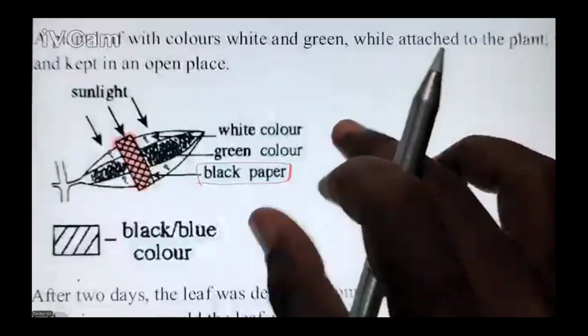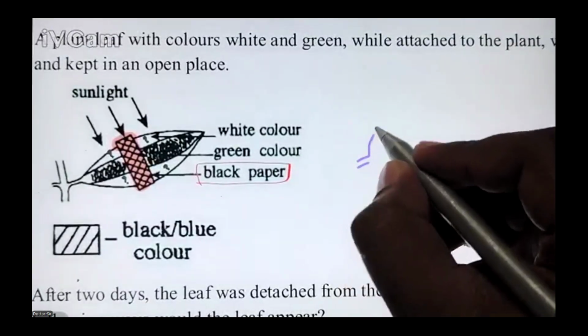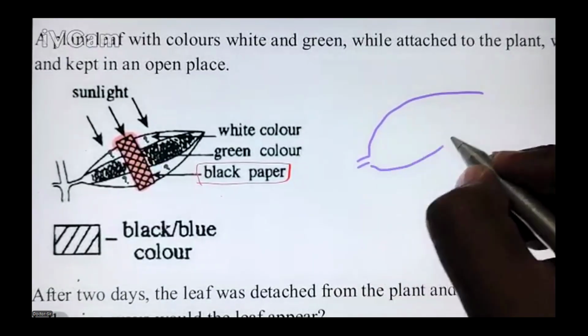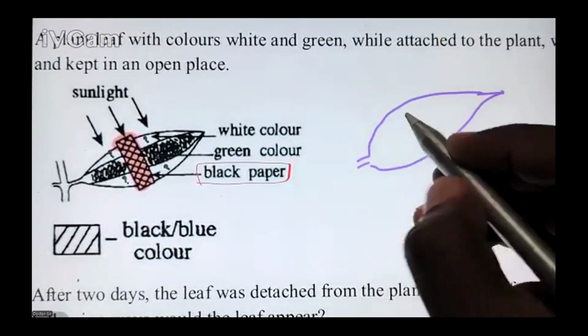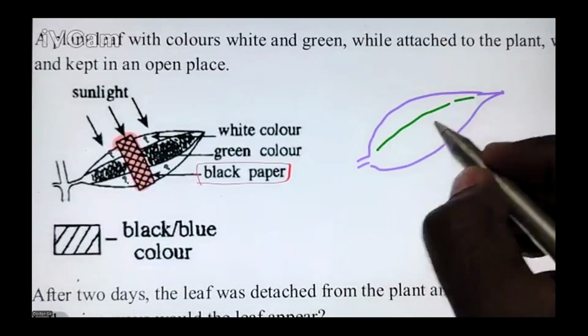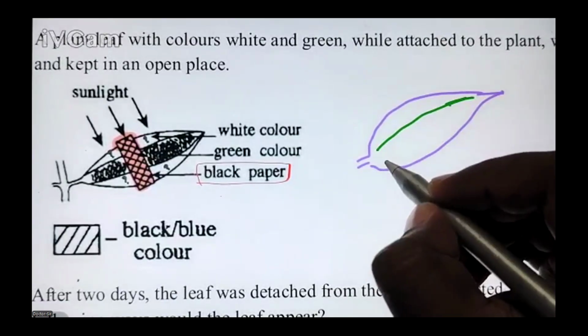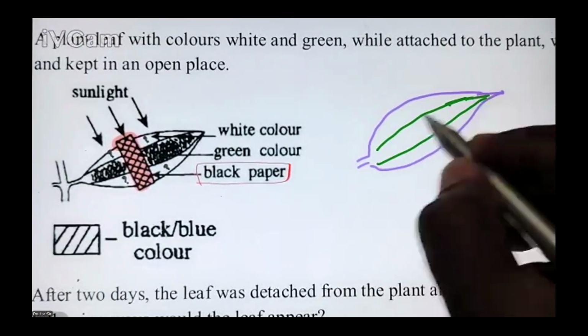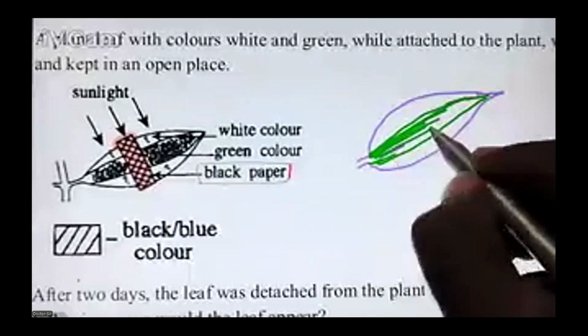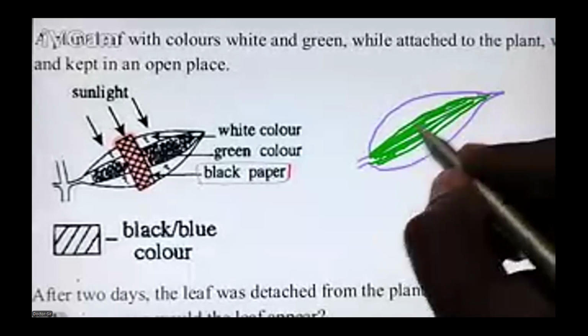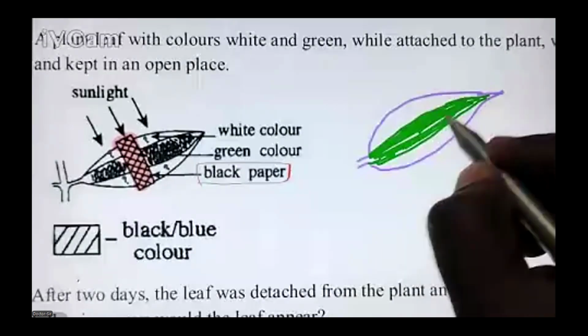So if I draw this plant leaf, this center part, this green color area, has chlorophyll, that's why it appears as a green color. But the white color area cannot undergo photosynthesis.